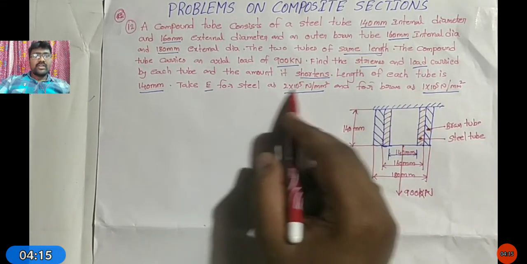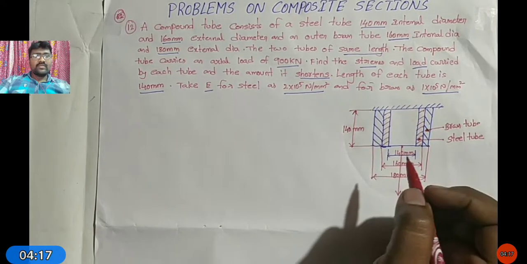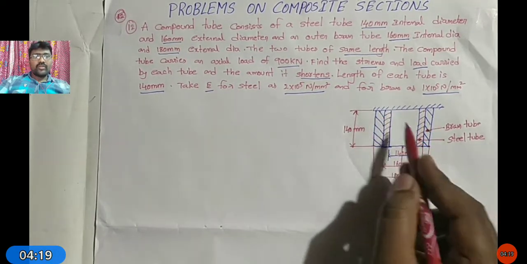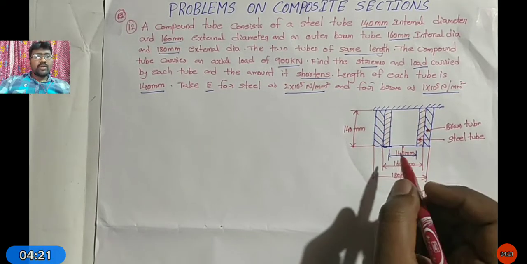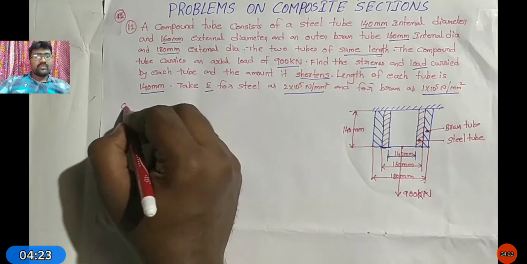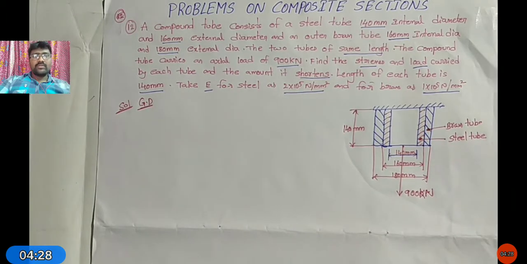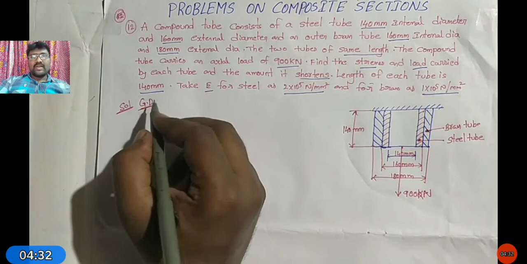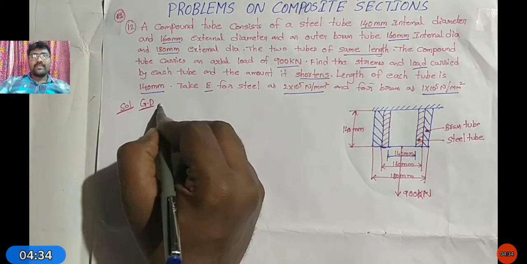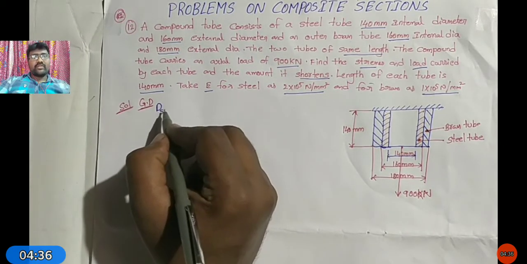Next, Young's modulus for steel is 2 into 10 power 5 and for the brass tube is 1 into 10 power 5. First, note down the given data one by one. For every problem, we need to note down the given data and the required data.